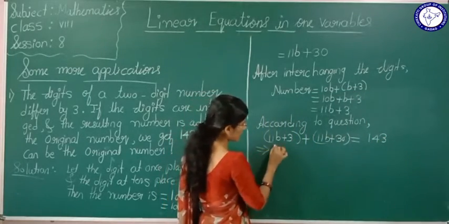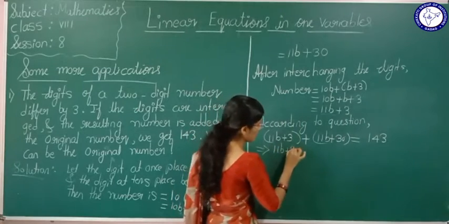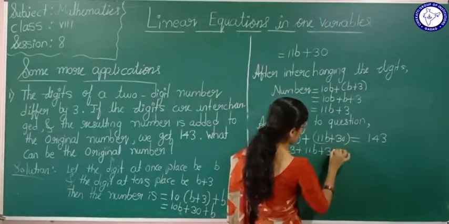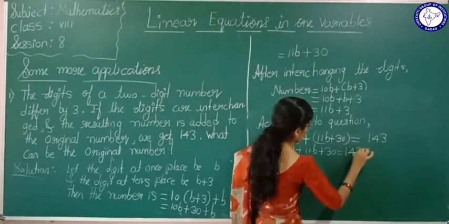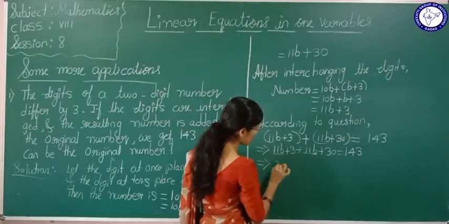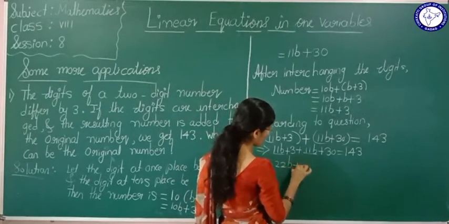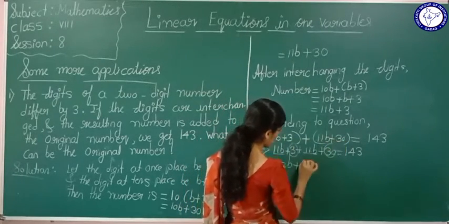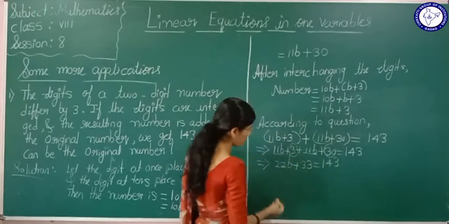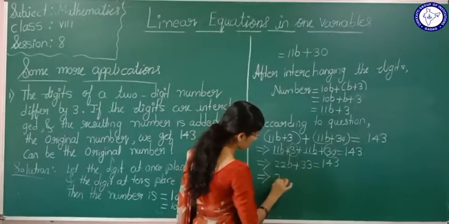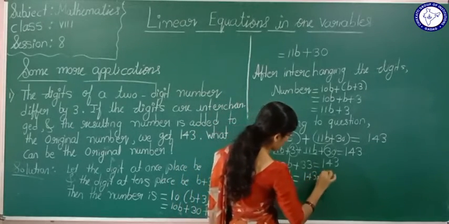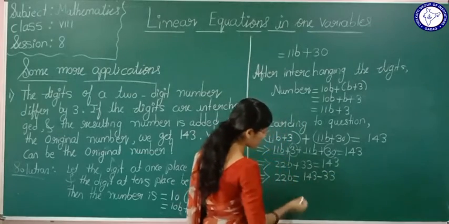So remove this bracket: 11b plus 3 plus 11b plus 30 is equal to 143. This implies 11b plus 11b is 22b, plus 3 plus 30 is 33, equal to 143. So 22b is equal to 143 minus 33.